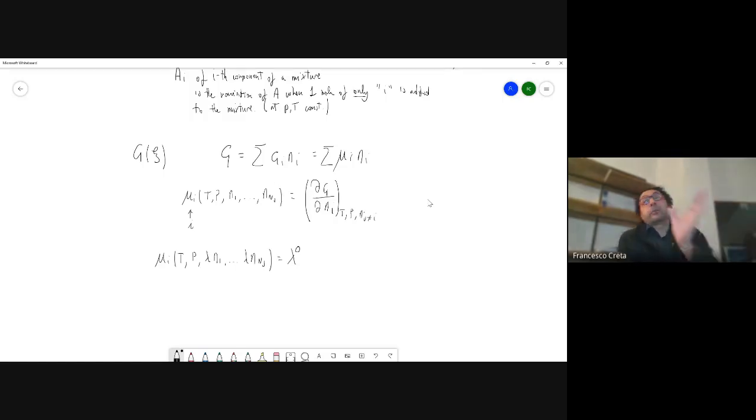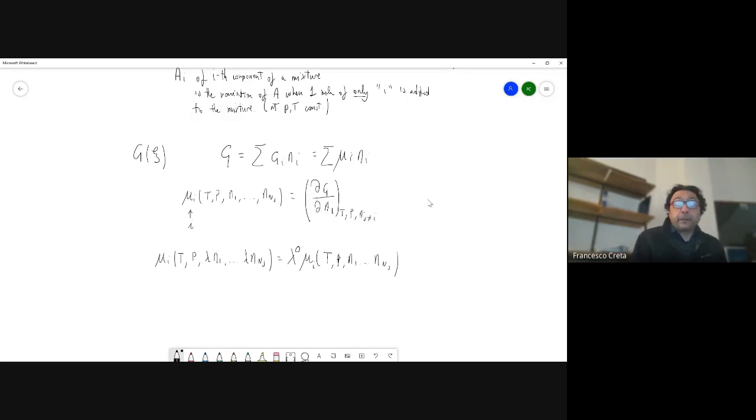Extensive quantities are homogeneous of first order. Intensive quantities like these are homogeneous of 0th order. So whatever happens, if you take twice the system, you always have the same value for the intensive quantity. So T, P, and then all the extensive quantities.